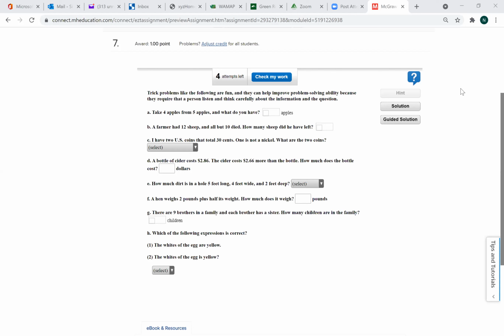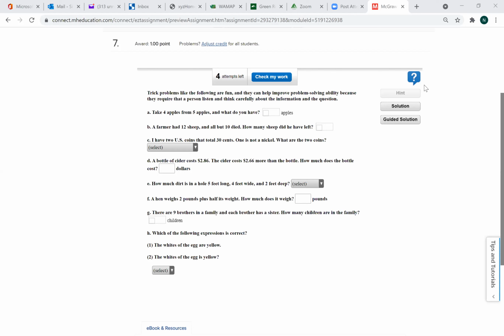So 7, let me take that down. These are trick problems. Take 4 apples from 5 apples, and what do you have? These are trick questions, just like they say they are. So you're taking 4 apples from 5 apples.